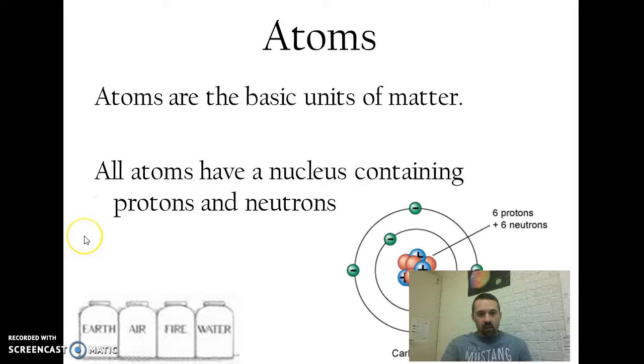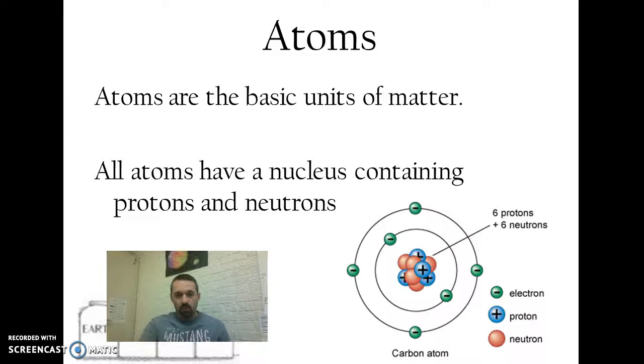All right. Next up is that atoms are the basic units of matter. So all matter is made up of atoms, and all atoms have a nucleus that contains protons and neutrons. And so here, let me move this out of the way for you. And there you can see the atom showing the protons, neutrons, and the electrons.